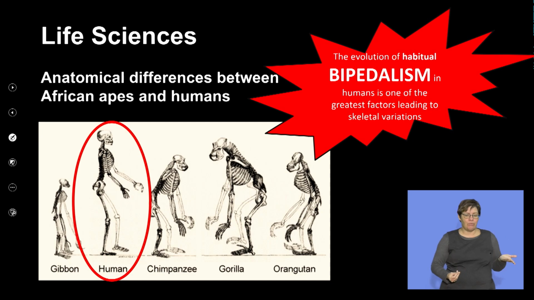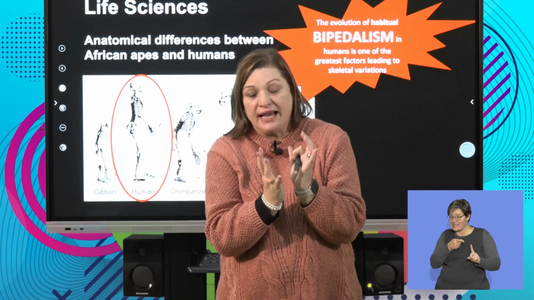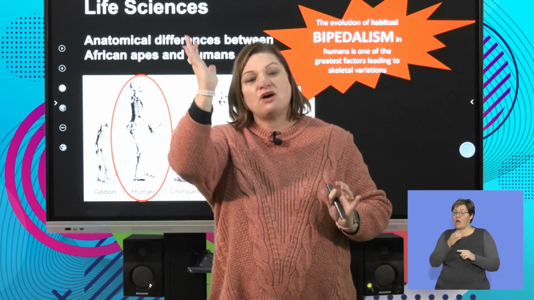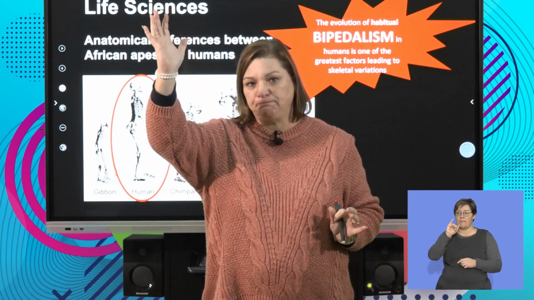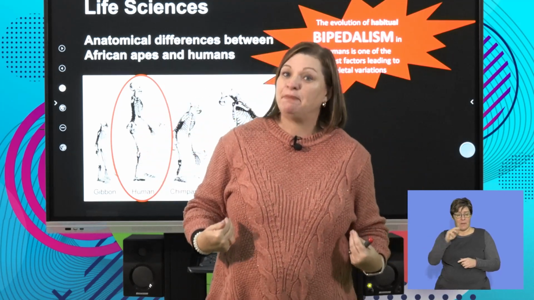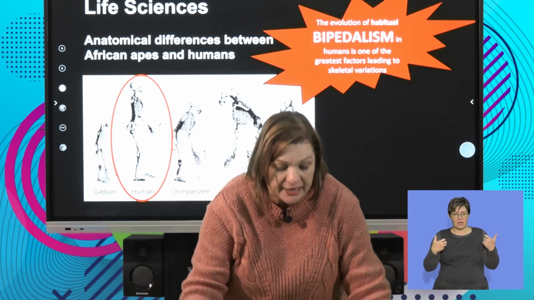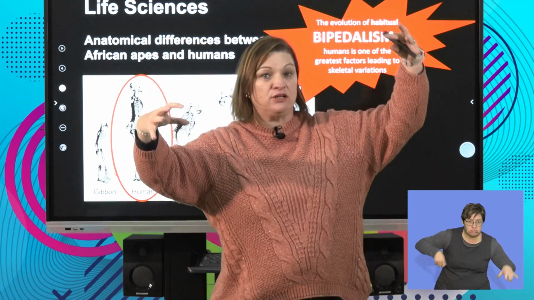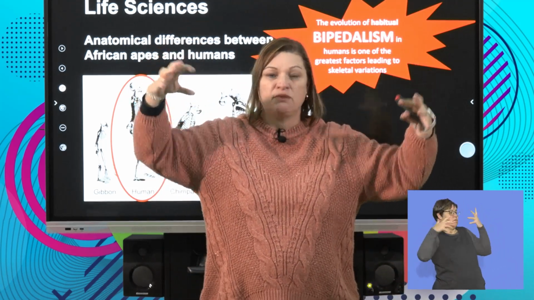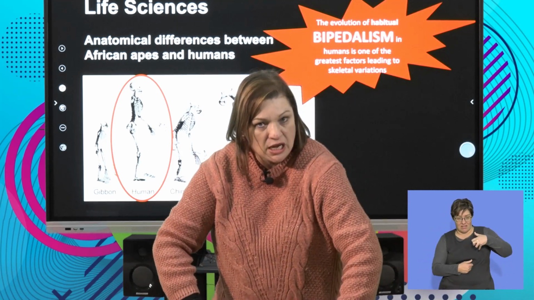And the one thing that we are going to concentrate on, one of the biggest pressures, if I could talk like that, is this concept of bipedalism. Walking habitually. Habitually means walking all the time. A great ape can go on its fours and it can do something like that. But what is it? It's a knuckle walker. When it walks on its knuckles.